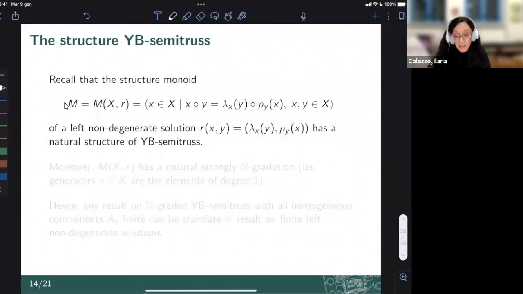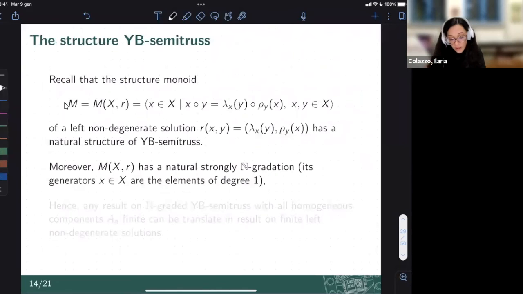We can see that the structure monoid is the structure monoid of a left non-degenerate solution. As we saw in Charlotte's talk, this is a YB semitruss, but this also has a natural strongly n-gradation, and in particular the generators are the elements of degree 1.